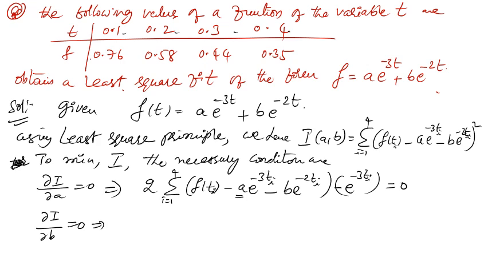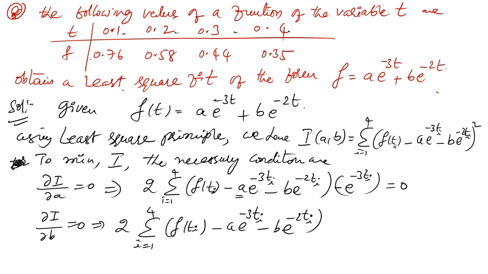And the second expression: 2 into summation i equal to 1 to 4 of f of ti minus a into e to the power of minus 3ti minus b into e to the power of minus 2ti, times the b derivative, minus e to the power of minus 2ti, equal to 0.